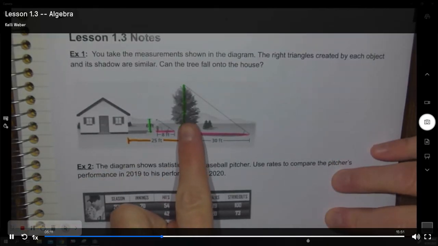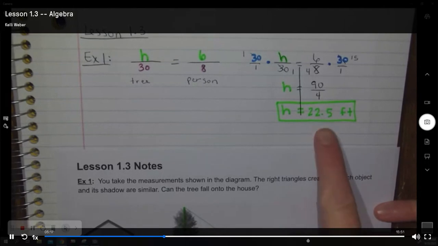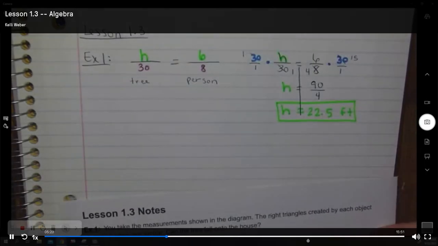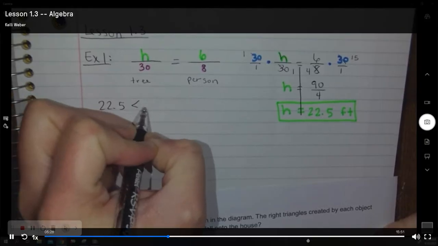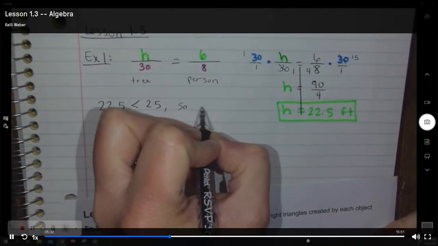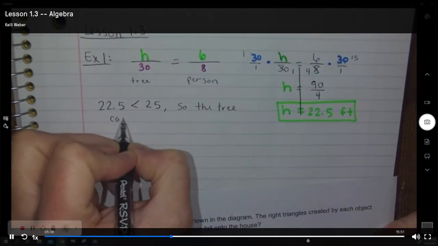Well, even if that tree falls backwards towards the house, since our tree is only 22.5 feet, it should not hit the house. So 22.5 is less than 25. So the tree cannot hit the house.